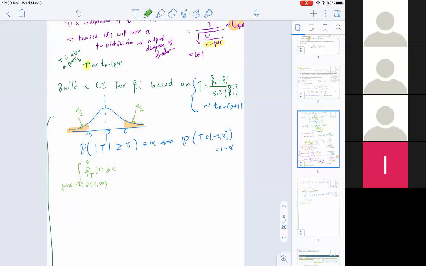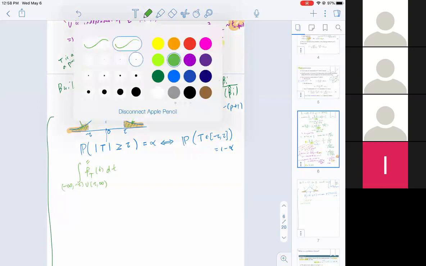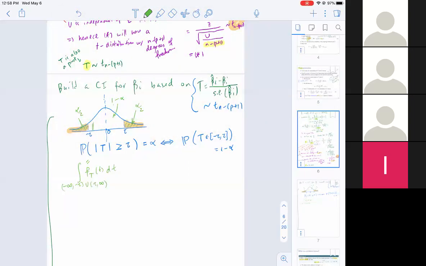By symmetry, I want this area to be alpha over 2, and then that area is alpha over 2. The sum of the two areas would be alpha, and the area in between would be 1 minus alpha, because the total area has to be 1. Those two tail areas would be alpha over 2.